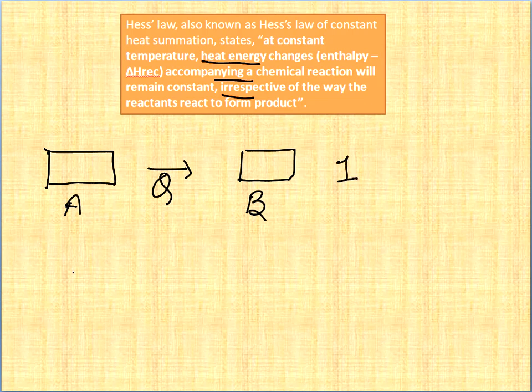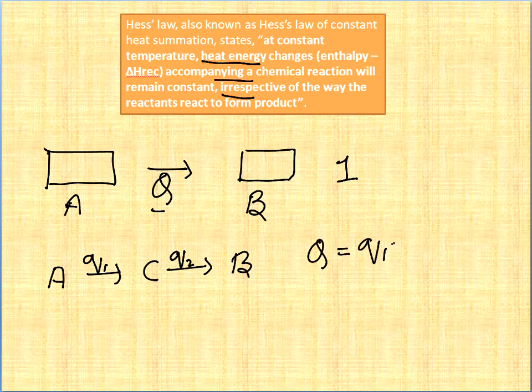Now this reaction can also happen like this: A first gives C, then it gives B. A to C, the heat taken is Q1, and C to B, the heat taken is Q2. So we have to understand that this Q is equal to Q1 plus Q2.